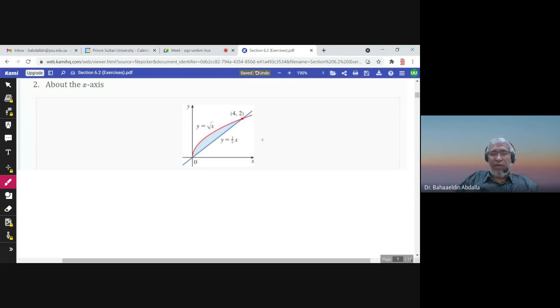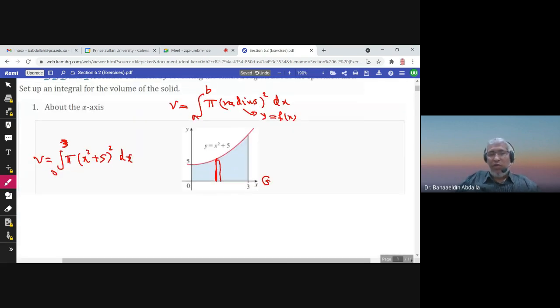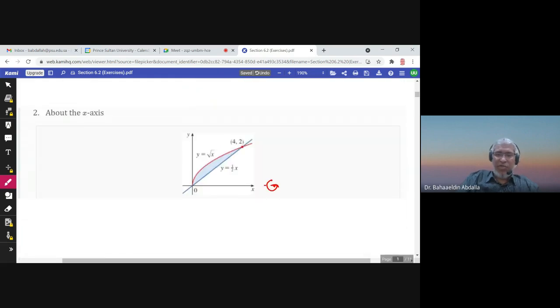Again, about the x-axis, notice the difference between this exercise and the previous one. Here, when you rotate this region, you have a solid, because there is no empty space between the region and the x-axis, the axis of rotation.